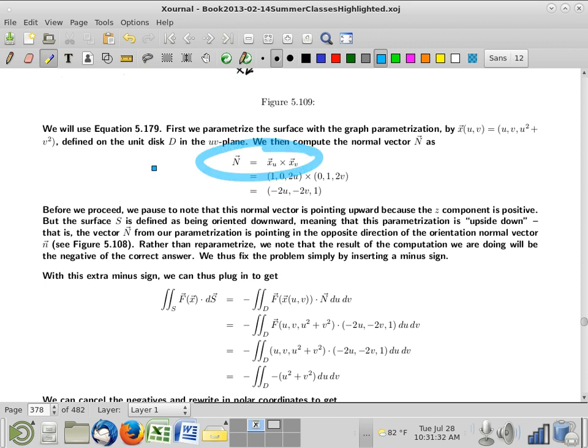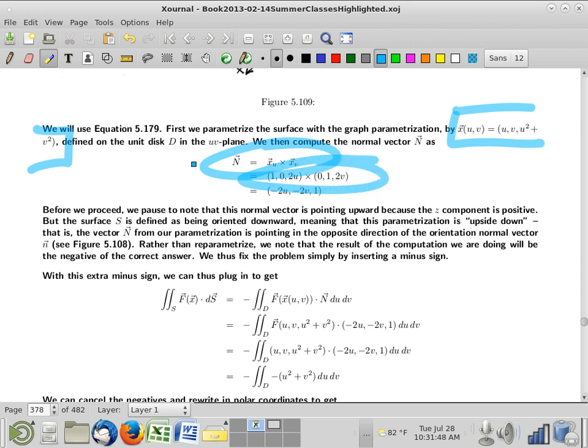N is xu cross xv. So I've got to take some partial derivatives. Well, I have to parameterize first, excuse me. Here's the graph parameterization of that surface. Xu cross xv, certain partial derivatives. Do the cross product, and there is your normal vector.